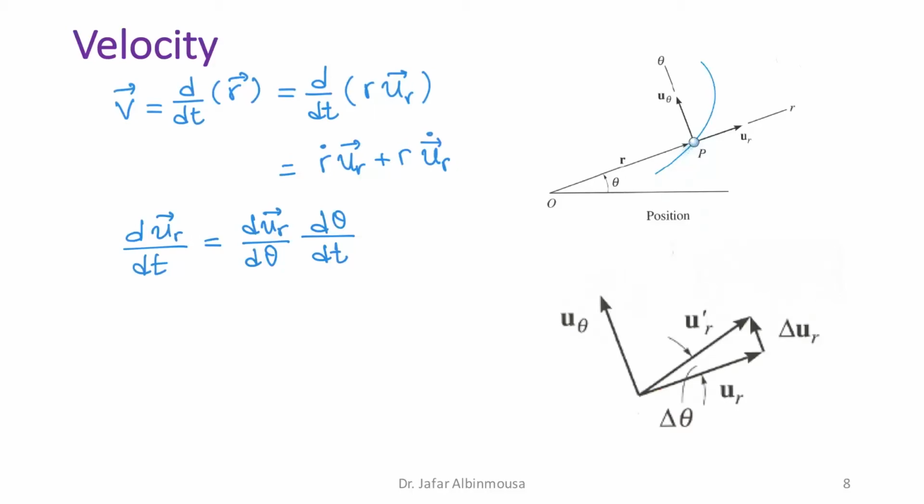Now, clearly, d theta over dt is very simple. This is just the rate of change of the angular position. So indeed, what we are going to get here is theta dot multiplied by dur over d theta. Now, we will have to find what is this part of the derivative.